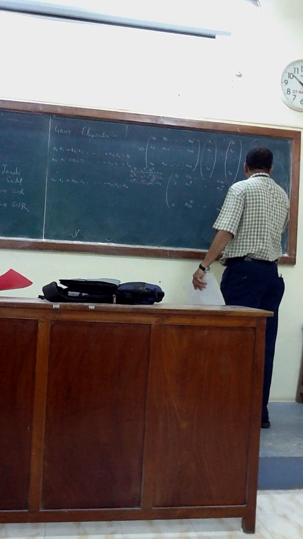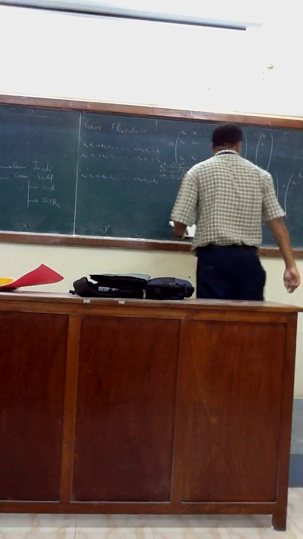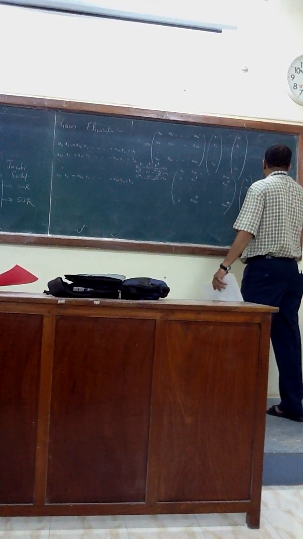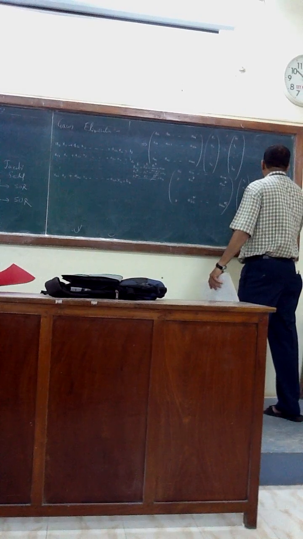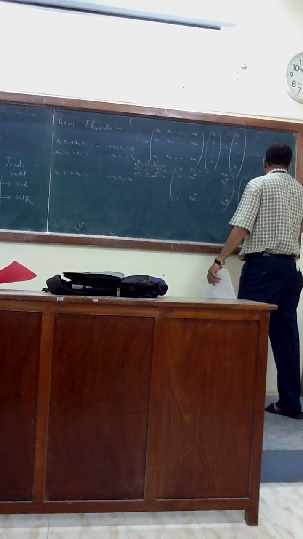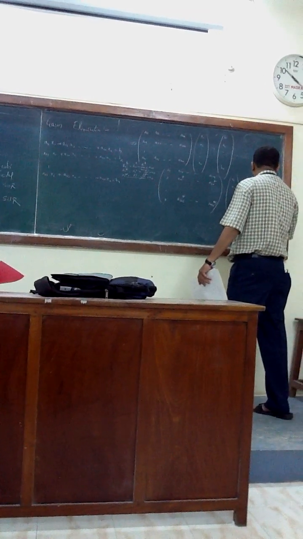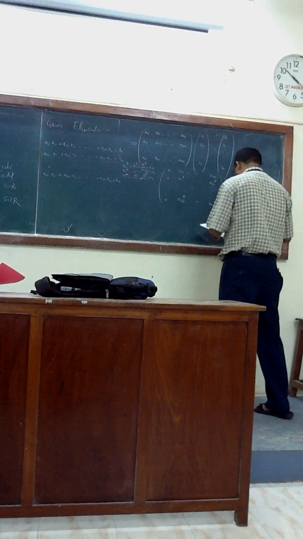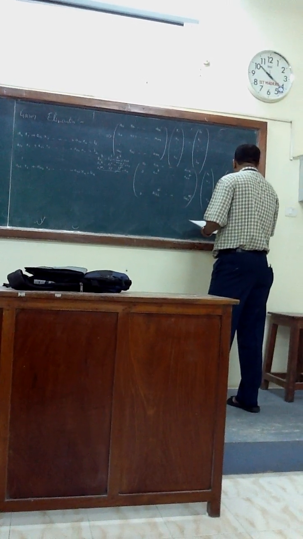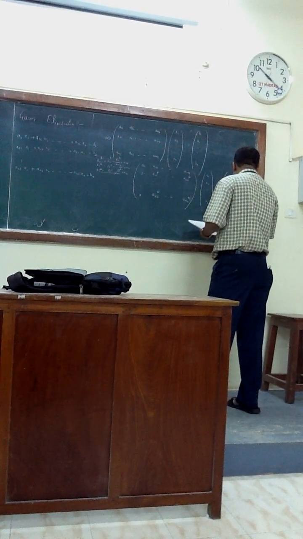B1. What will be B2 minus B1 by, B3 minus B1 by A11 into A31, Bn minus B1 by A11 into AN1.